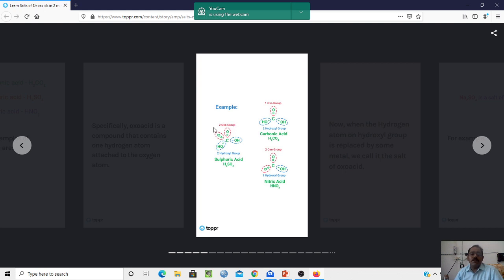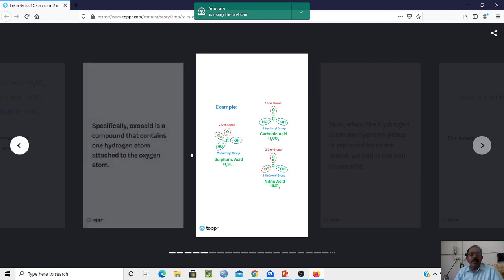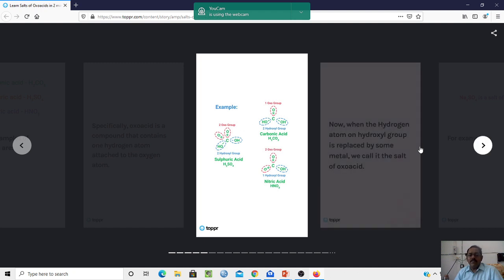In sulfuric acid there are two oxo groups and two OH groups. In an OH group we have one hydrogen. If you take carbonic acid, there is one oxo group and two OH groups. And in nitric acid, again, as in sulfuric acid, there are two oxo groups and one OH group. Because of the oxo group attached to the acid, we call them oxoacids.